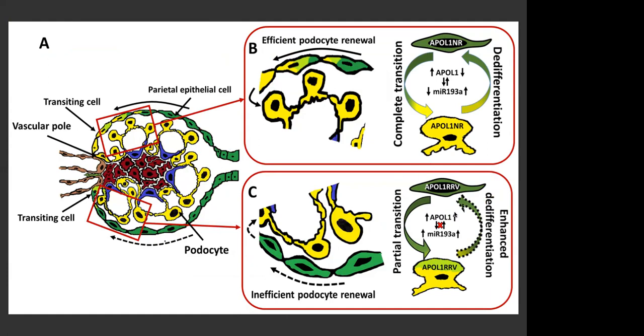But in the case of the risk variants, the parietal epithelial cells couldn't convert completely into podocytes, and they are in their transition phase, which we call the more proliferative stage compared to the differentiation state.